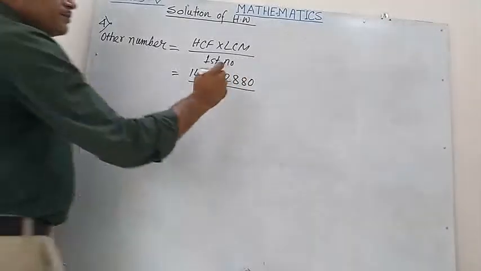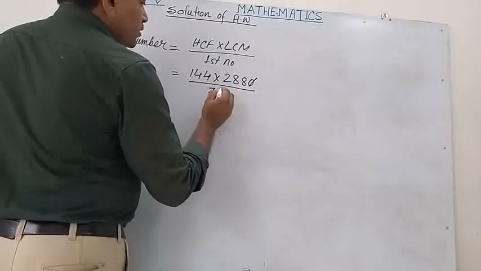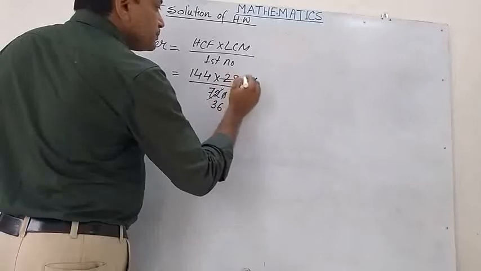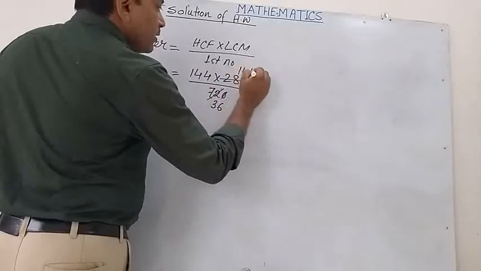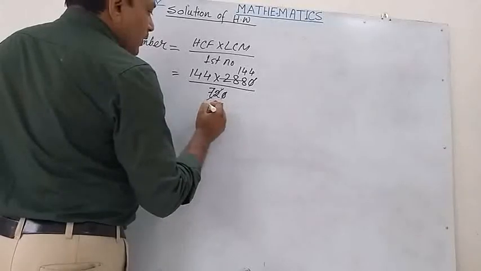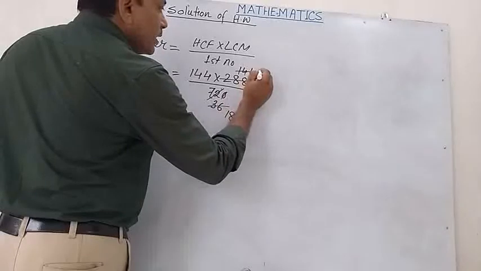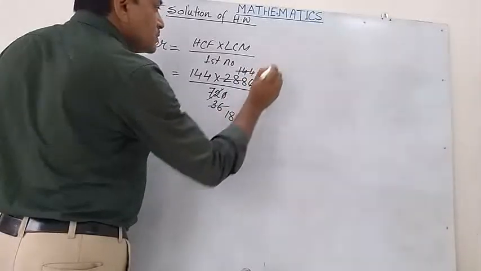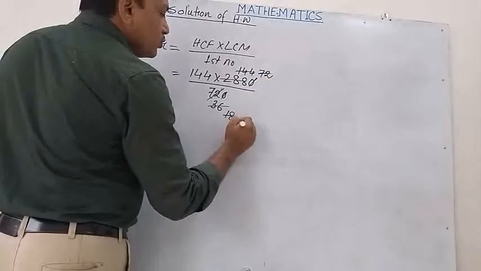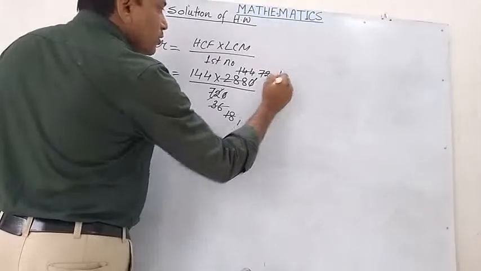Now solve it. Cancel the zeros. Cut by 2: 36, and here 144. Again by 2: 18, and here 72. Now divide by 72, here it is 1, and divide by 18, here it is 4.